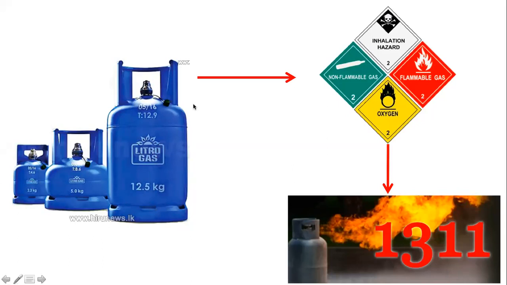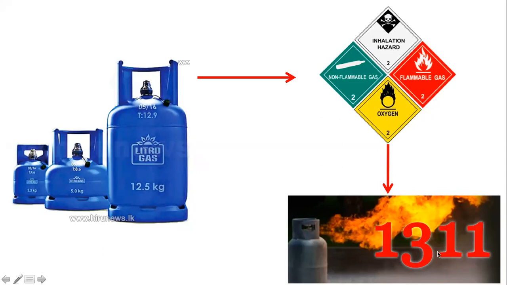You know, everyone knows that when we are transporting or storing such domestic gas cylinders, there is a risk. But we have identified these things, and the logo is there everywhere. You can see the logo on everything we are using. But what is happening, right? It is a risk.